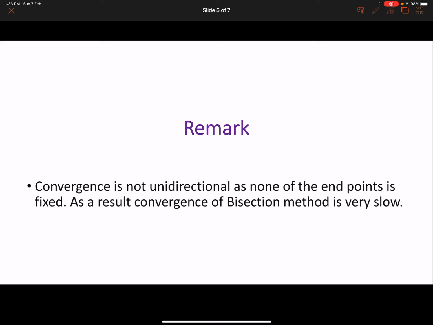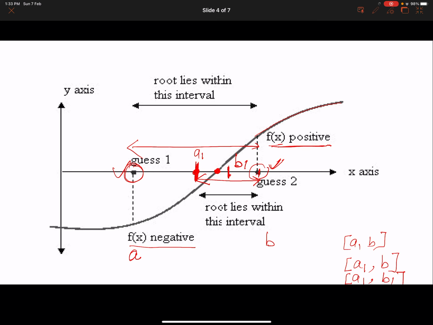The convergence of the bisection method is not unidirectional, as none of the endpoints is fixed. We can see the endpoints are not fixed. Every time we halve it, here it is negative. Next time when we halve it, it comes out to be positive.